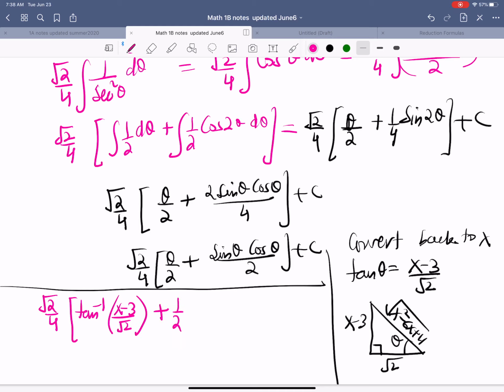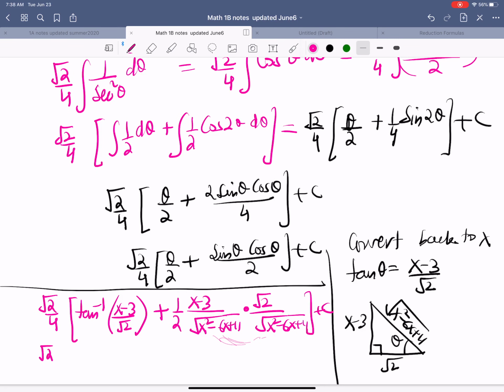And sine theta would be opposite over hypotenuse. And cosine theta would be adjacent over hypotenuse plus a c. Now you can see in the denominator when they multiply, the square root will cancel. So do that in the next step.